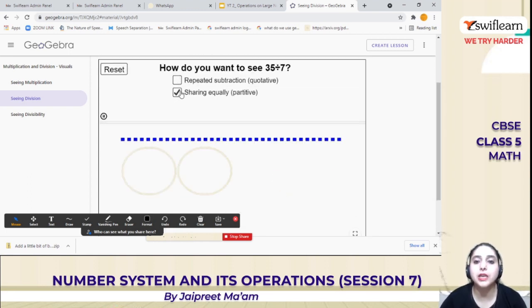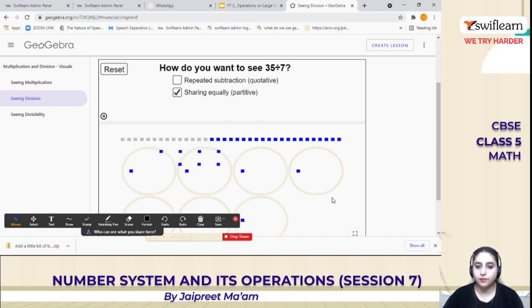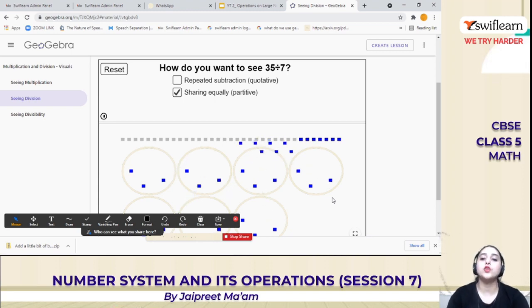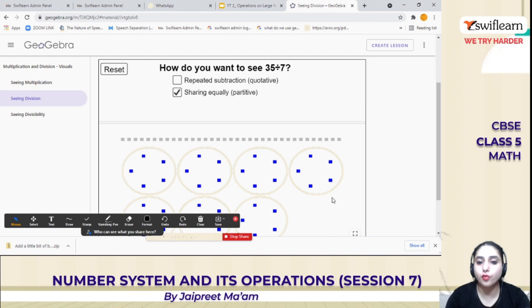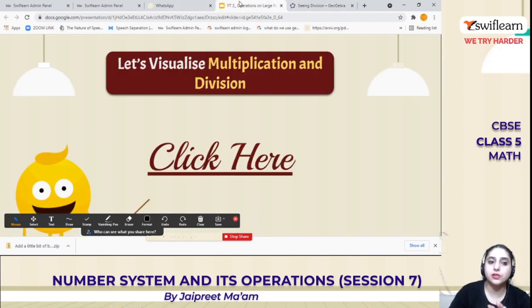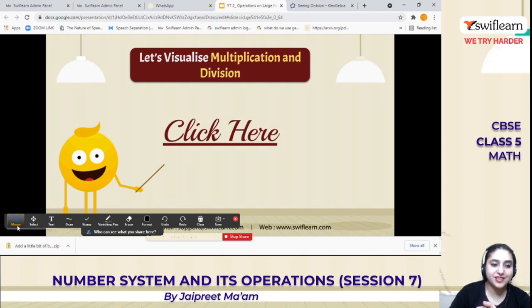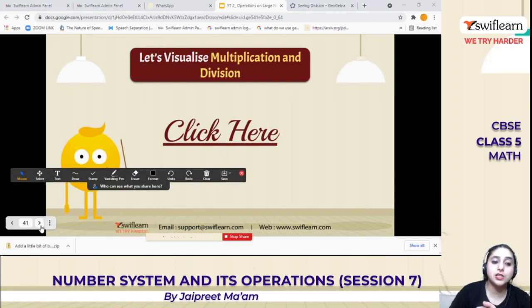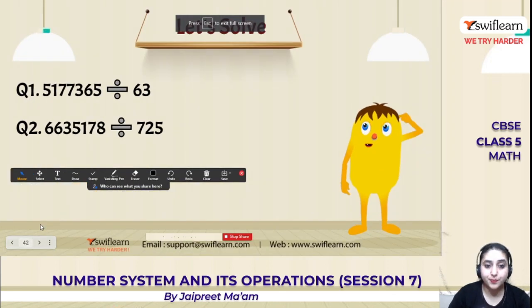Let's see the equal sharing. So it will be like this. As I have given you the example of the chocolate, we have to equally distribute among 4 kids like this. Let's move back to our presentation. Okay, this was the visualization of multiplication and division.